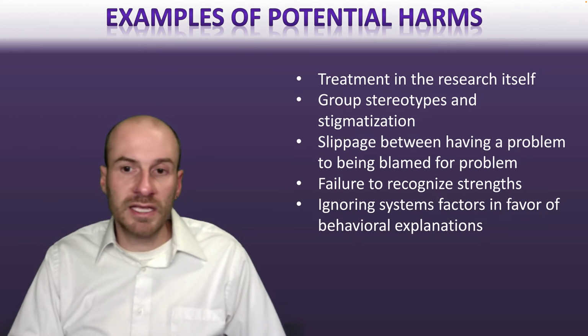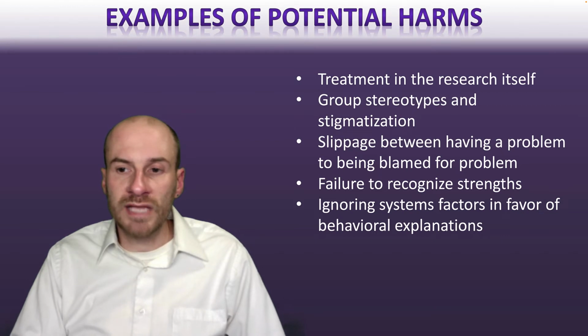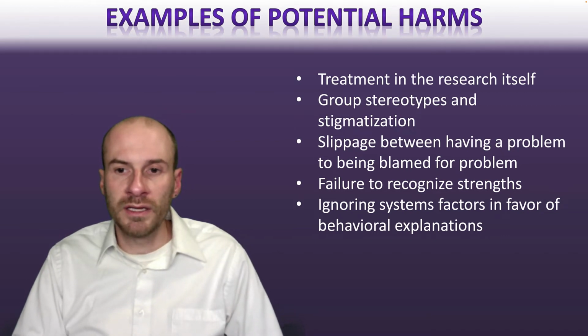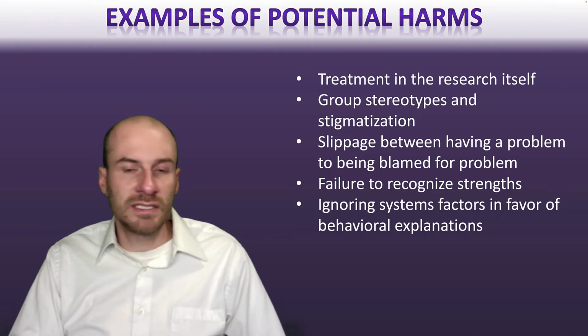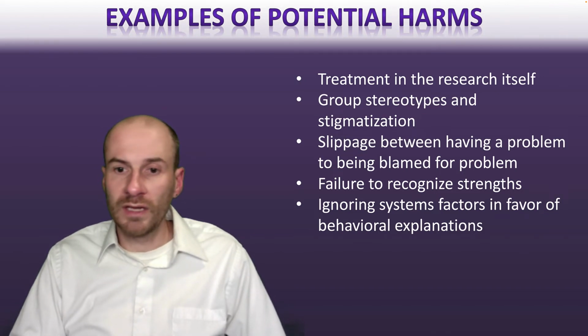And this, again, connects to that last point that I'd have here, around the fact that there's a tendency to focus in on behavioral expectations instead of systems-related factors, right?